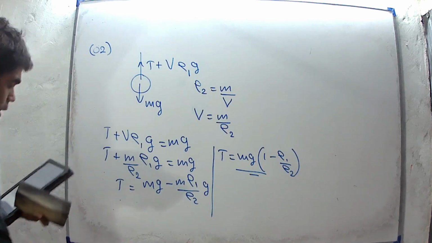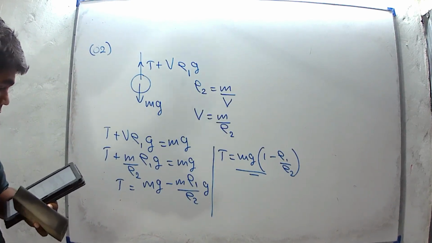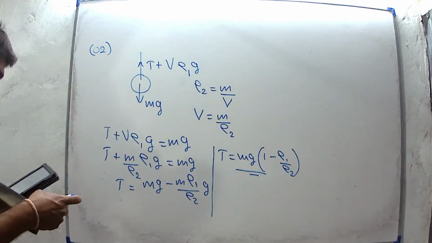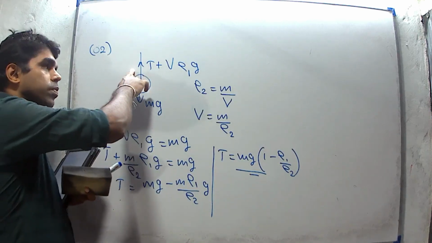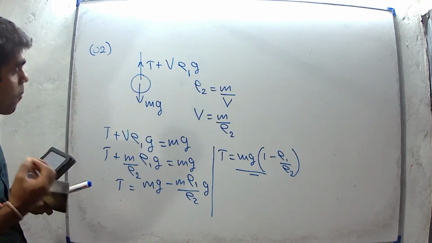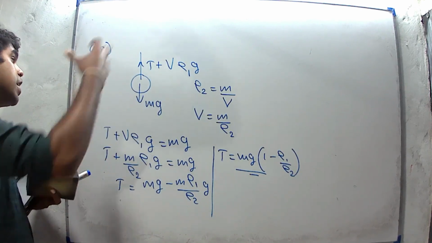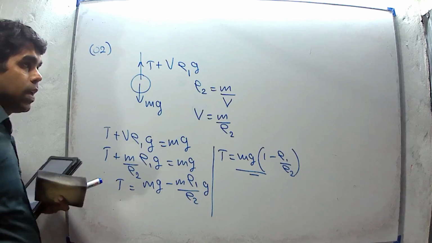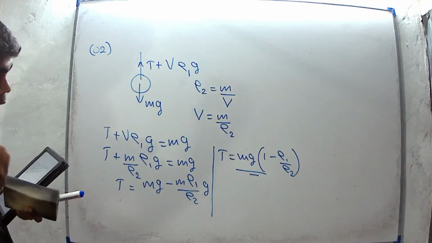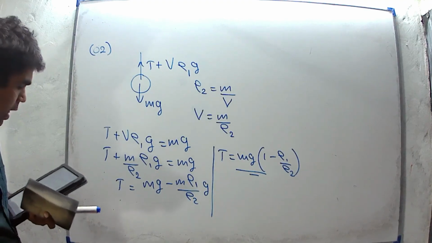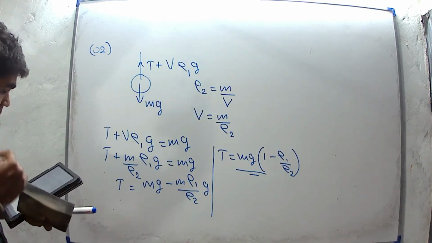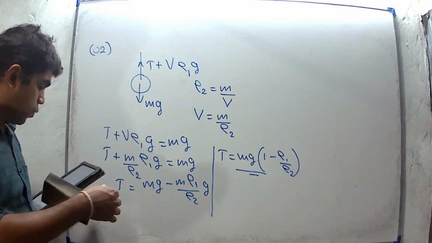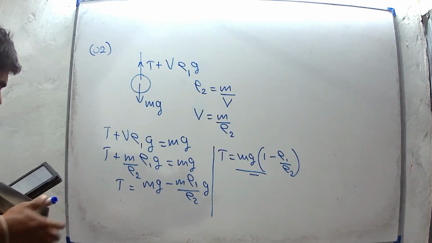Now we have to consider when the string is cut, tension should be 0. Therefore, the upward force is decreasing by T, and therefore the downward force on the system is increasing by T. Then there is an increase of the scale reading.